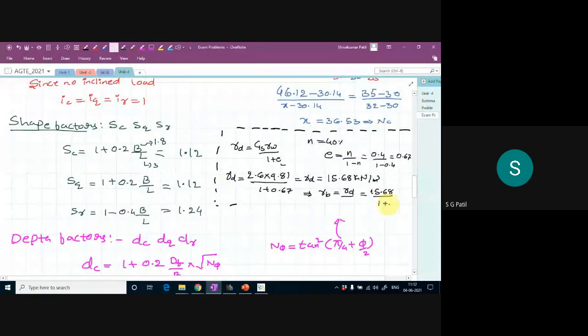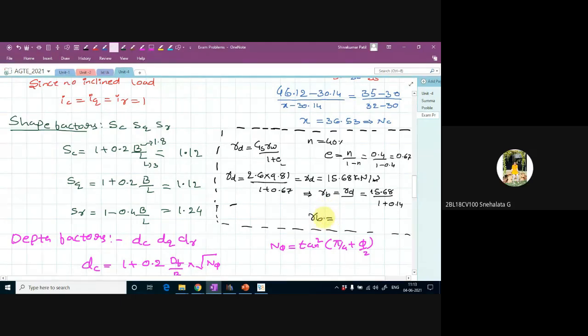Okay, so 0.14. Okay, so my bulk density is now how much? Gamma B is equal to how much are you getting?